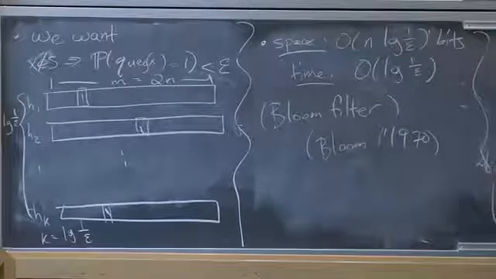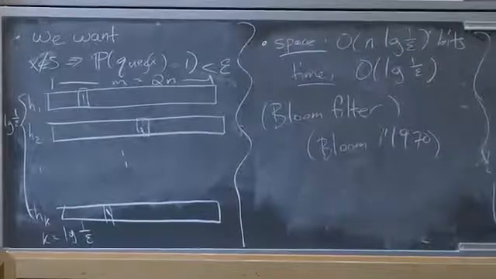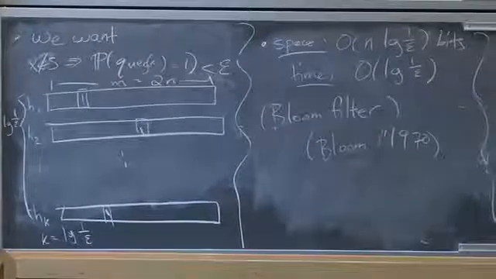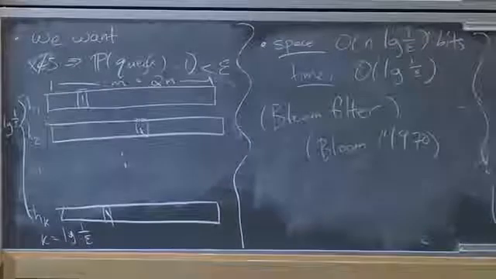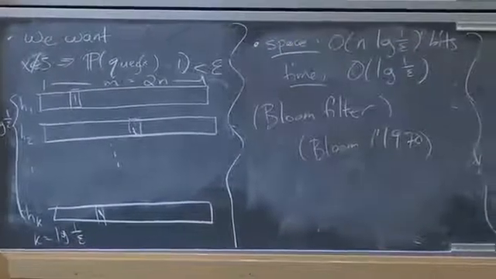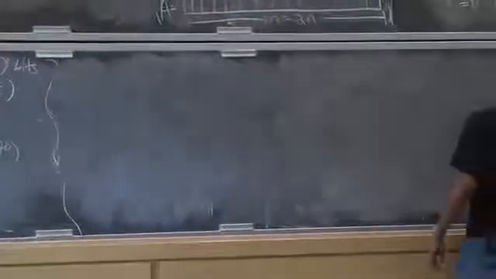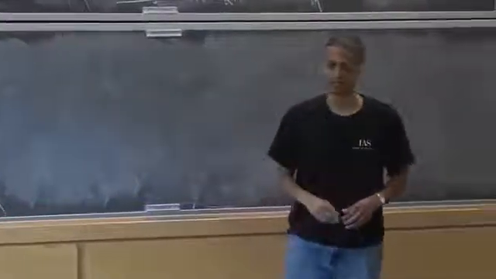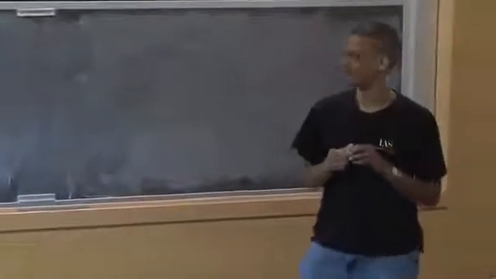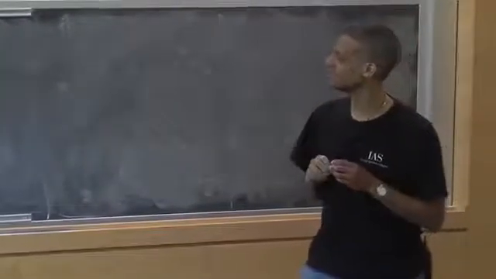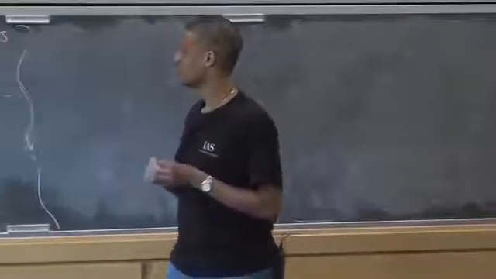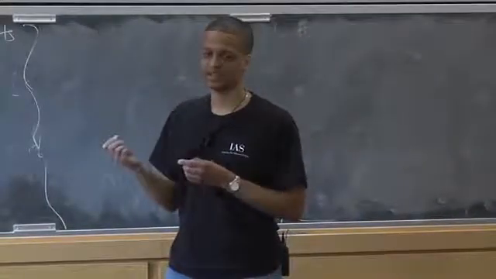And I want to get to Bloomier filters. I'll tell you what problem they solve. With Bloom filters, we're solving the membership problem, where for every element in our set, we want to be able to look up a bit associated with that element.